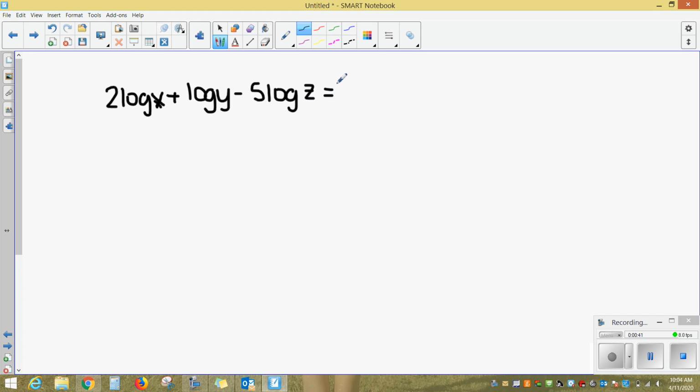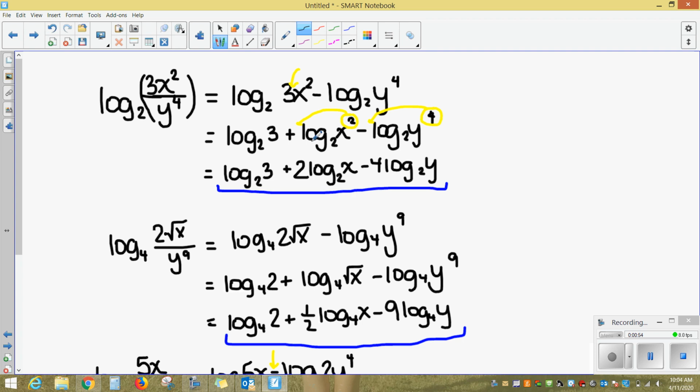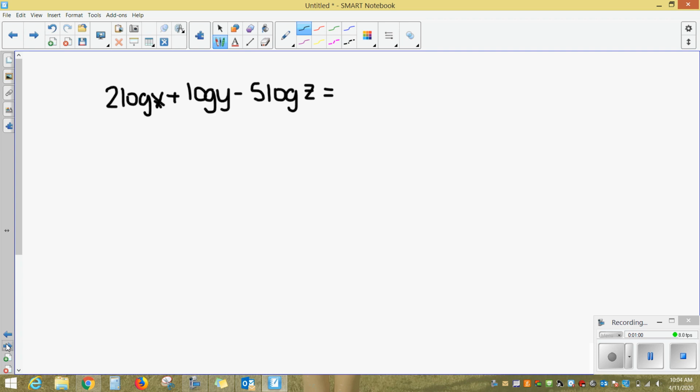Now our goal is to end up with a single logarithm term, so the log of one single expression involving products and quotients. And if we recall back here on these others, the very last thing we did was take care of the exponents and bring them down as coefficients. When we're putting things back together, that's going to be the first thing we take care of.